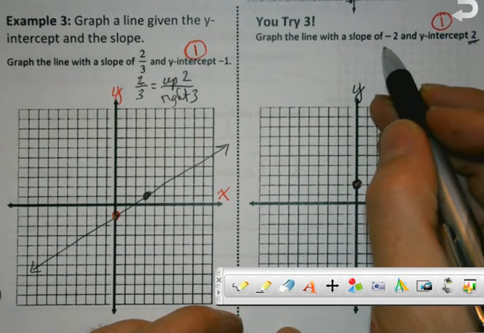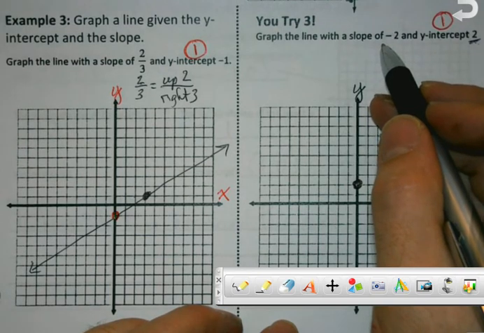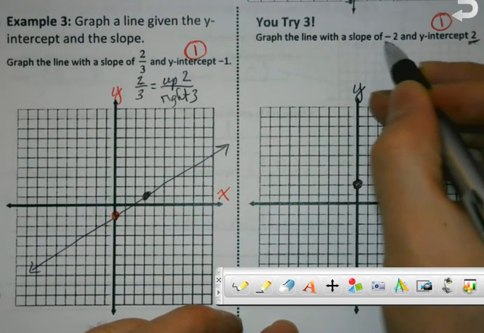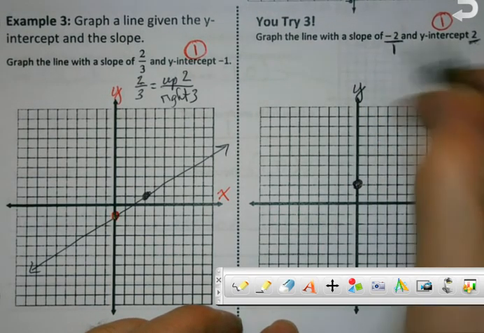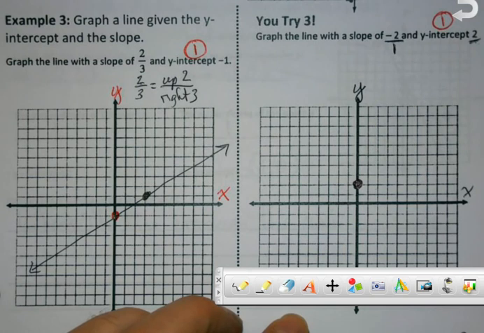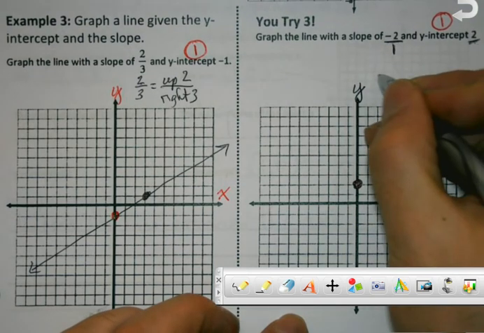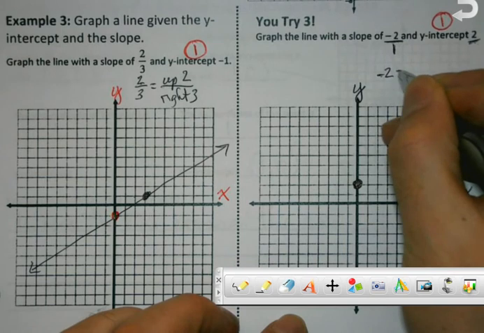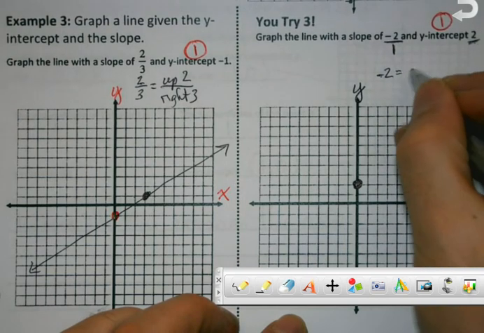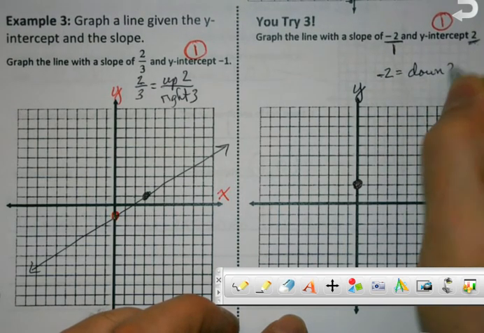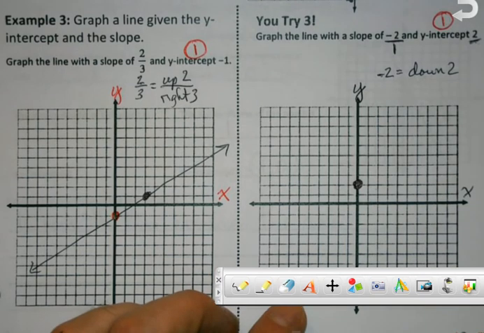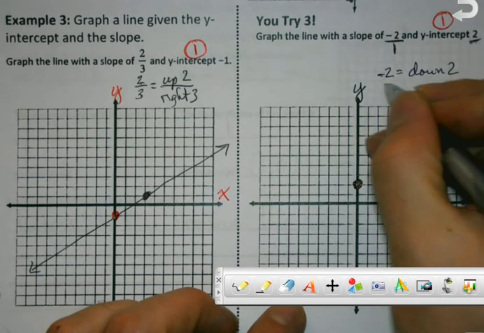Okay. My slope, if it's not a fraction, if it's a whole number, I can always make it a fraction by putting it over 1. You're like, now why would you want to do that? Here's why. If I just looked at this as -2, I'd see the down 2 part. I'd go down 2 and I'd want to put my dot, but that wouldn't be right.